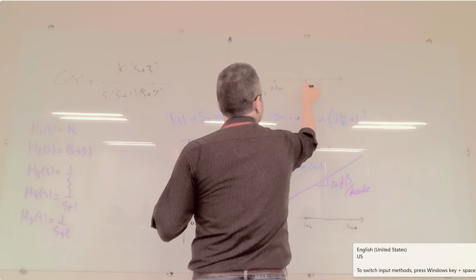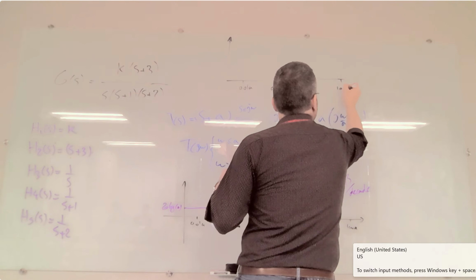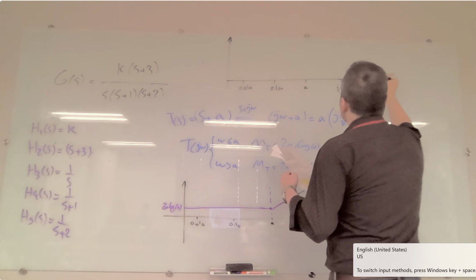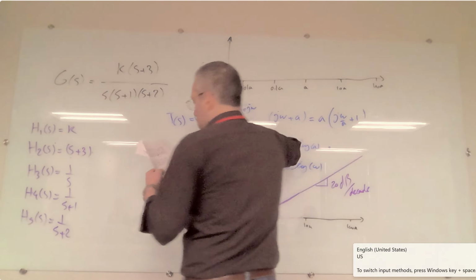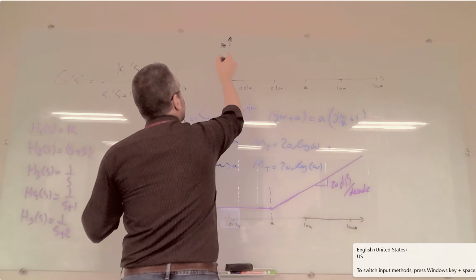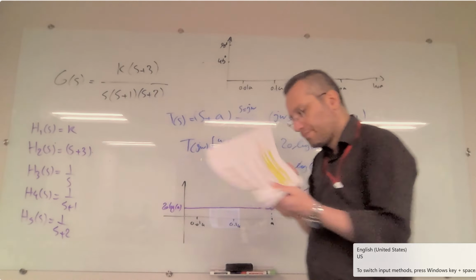Point 1a, this is a, this is 10a, and 100a, and let's say here is 90. These are the points that I know will go handy for our description.